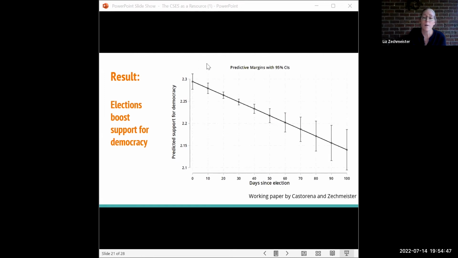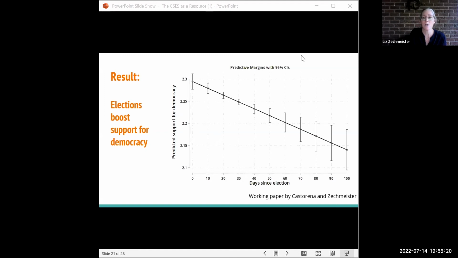So what we predict from the analyses that we've run is shown here in the graph. Here's predicted support for democracy on the y-axis and days since the election on the x-axis. Here you have the time period represented as immediately after the election, and you see that support for democracy on this 1 to 4 scale is up here. And as time passes, we see a decrease. It looks quite sharp, but keep your eye on the magnitude represented here on the y-axis.